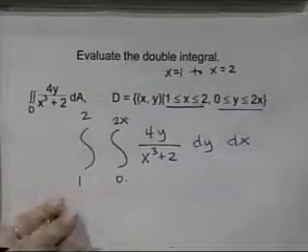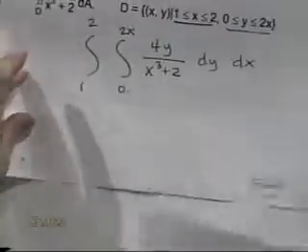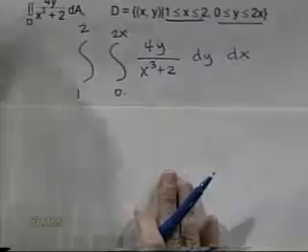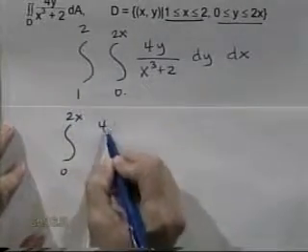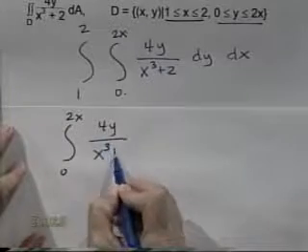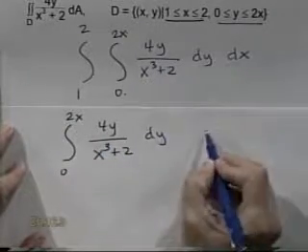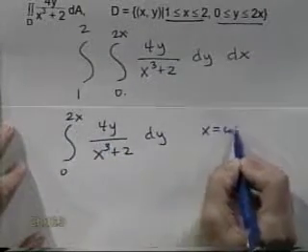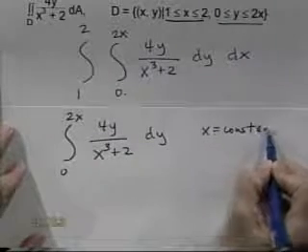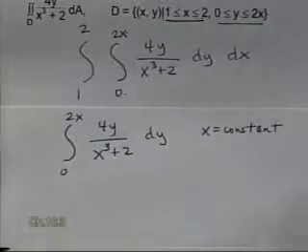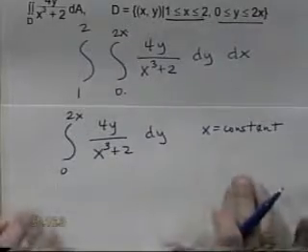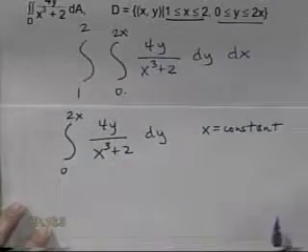All right, so what's important for us to do right now is the inner integral first. The inner integral is the integral from 0 to 2x of 4y over x cubed plus 2 dy. Remember, x is right now being considered a constant. So if x is a constant, you can factor that constant out, can't you?